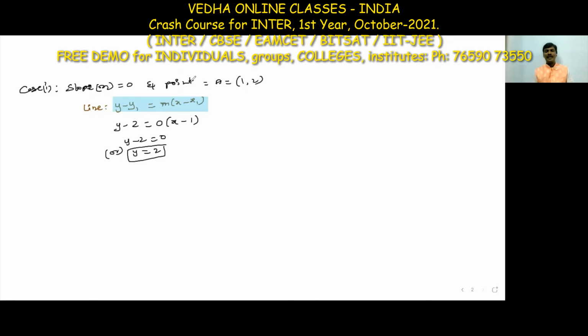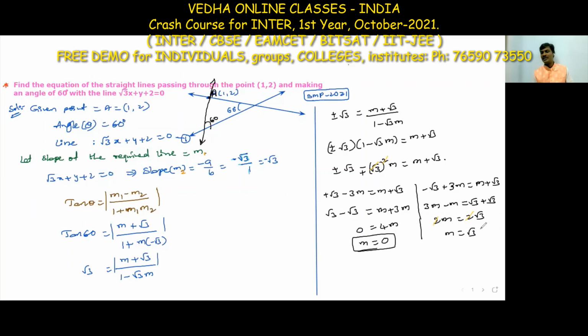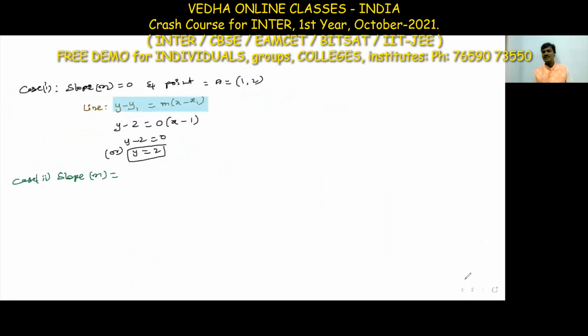Next, case 2. Case 2 is the slope of the line. Just now we got the second slope as root 3, so I am taking the slope as root 3, and the point is the same again, A, that is 1 comma 2.